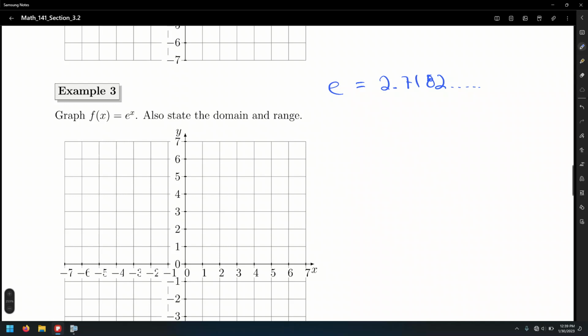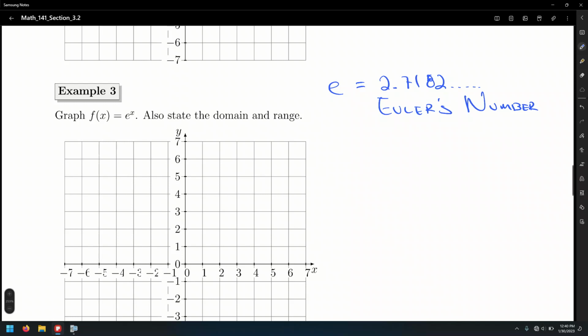But it's very common to regard e as 2.71, and this is called Euler's number. It's spelled like Euler, but it's actually pronounced Euler, right?